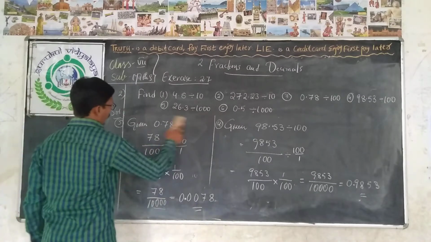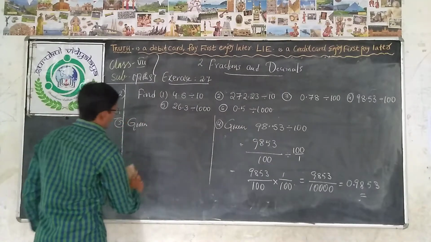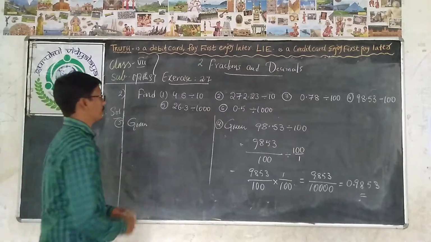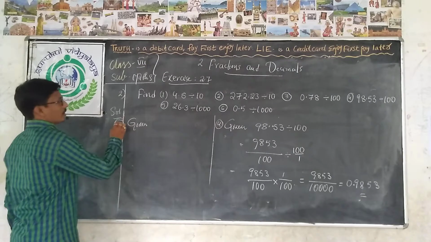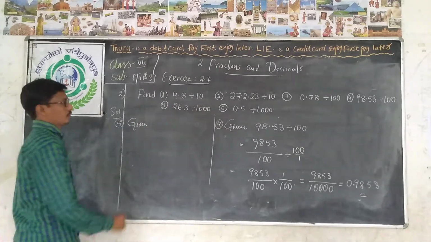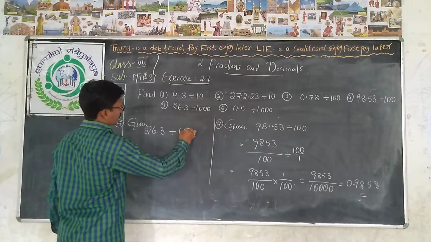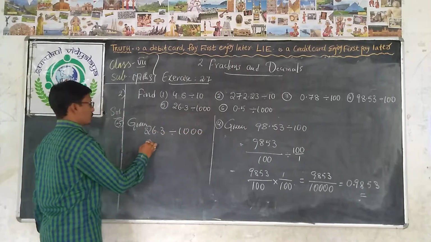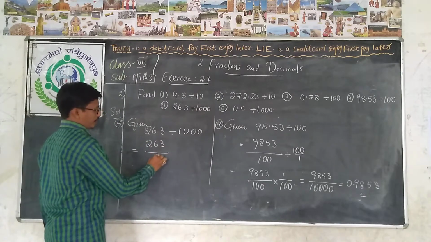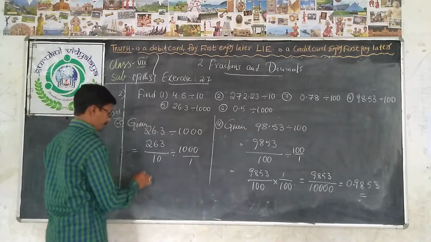How to do the thousands? Only the numbers will change, but the procedure will not change, children. So the fifth problem is 26.3 divided by 1000. Remove the point: 263, it is in tens place, divided by 1000 by 1.